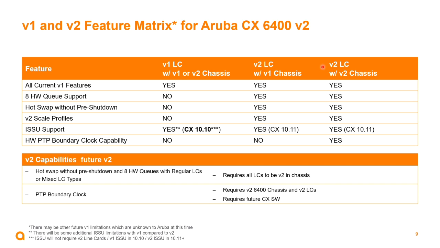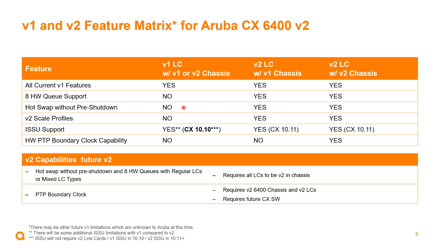Now, depending on the configuration that you have, you'll have certain features or may not. Obviously all the version 1 features will be supported across all line cards and chassis, both in version 1 and version 2. We now have support for 8 hardware queues, but it's only supported when you have a version 2 line card.